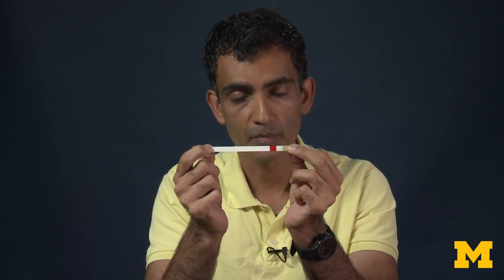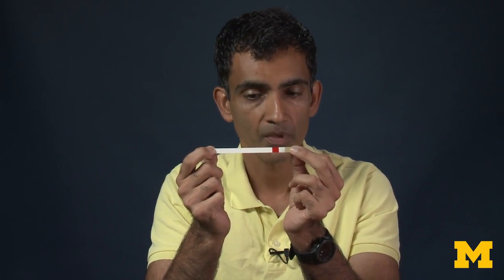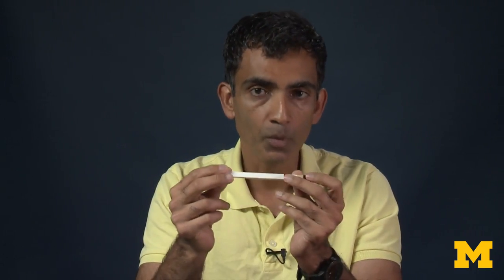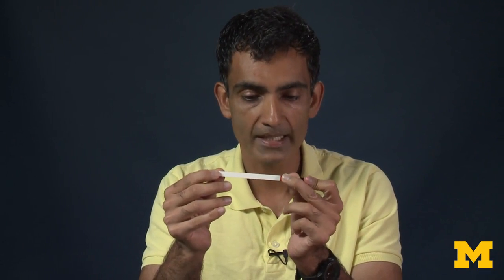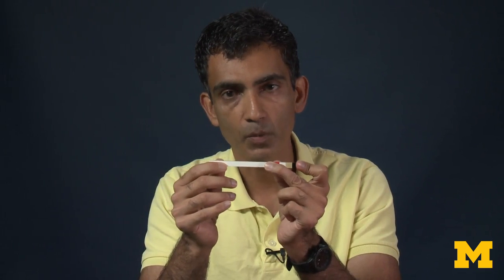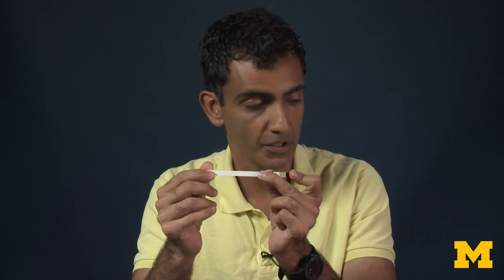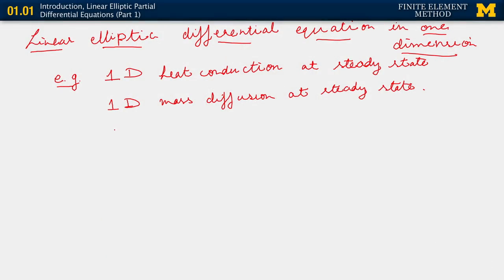Okay, and then we would have the problem of solving for the displacement field over the bar. In both cases, whether it's heat conduction or mass diffusion or elasticity, there are other fields that we also need to talk about, and which we will, as we start developing the material. So let me write down also one-dimensional elasticity also at steady state.